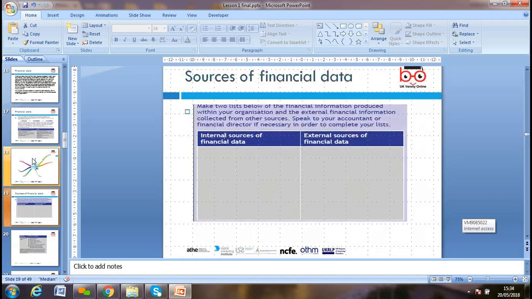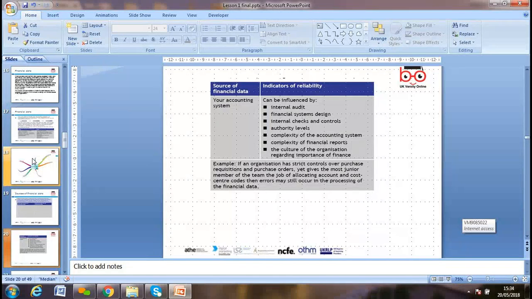External is financial data in the shape of financial statements. Given the accounting system, the indicators of reliability of the data that can be influenced internally are the internal audit report, financial system design, internal checks and controls, authority levels, and complexity of the accounting system. All these help to control the data.